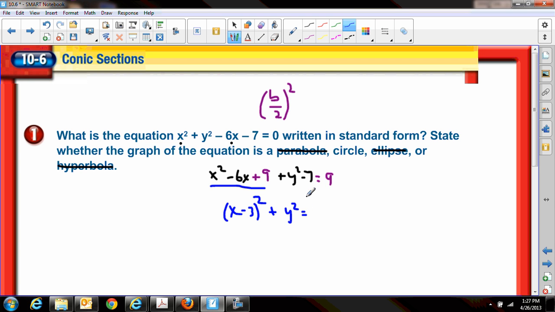The 7, I'm going to add to the other side, which gives me a 16 over here. And if you remember back from circles, this means your center is located at positive 3, 0, and your radius is the square root of this number, which is 4.